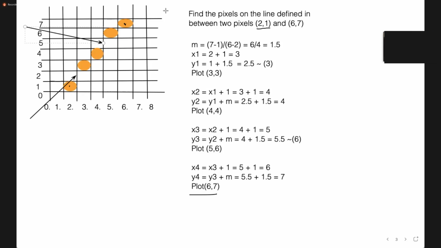Now, the earlier one has worked, but this one has not worked. What's the reason? It worked for the earlier one, but not for this one. What is the reason? Anyone?